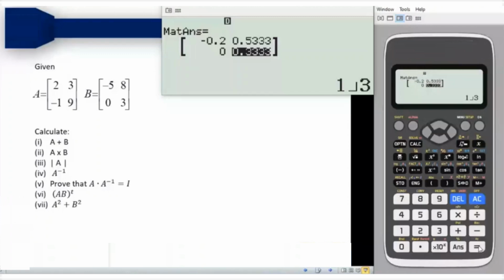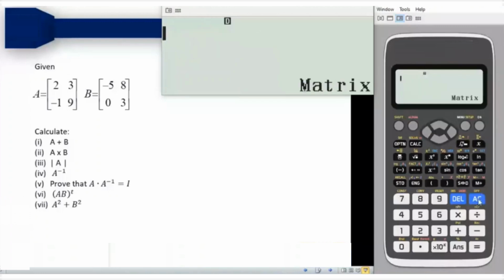So the next part of this question is to prove that A into A inverse is identity matrix. We are all aware of the fact that A into A inverse, any matrix multiplied by its inverse, is identity matrix. So let me try and prove that through the calculator.